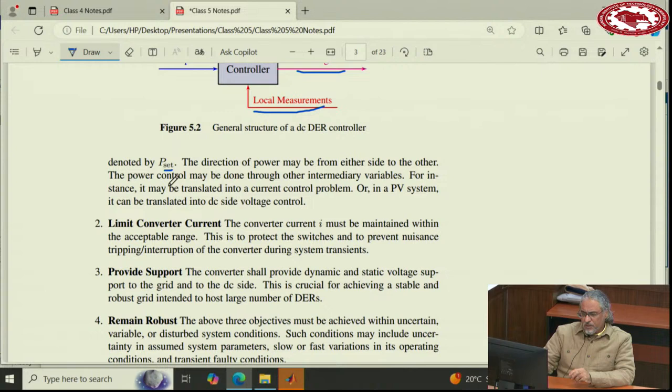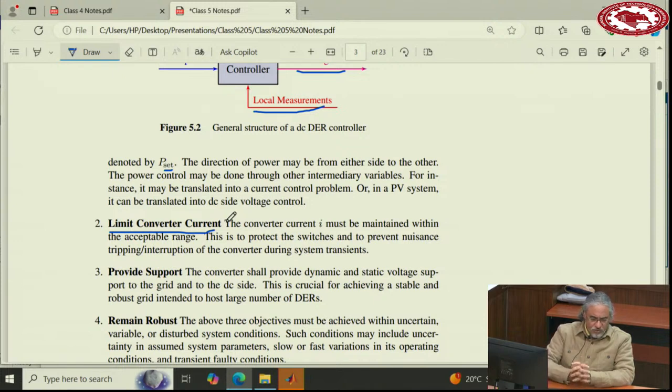Now, one thing I briefly mentioned, or forgot to mention in the chapter, is a very important aspect of power electronics. If you do not consider it, you are missing something essential.